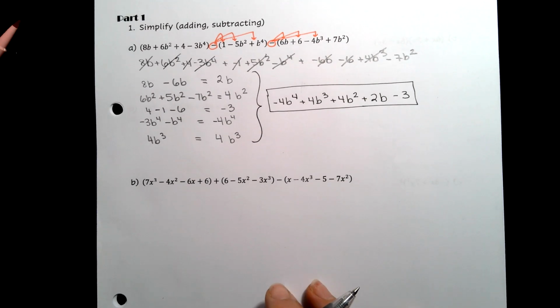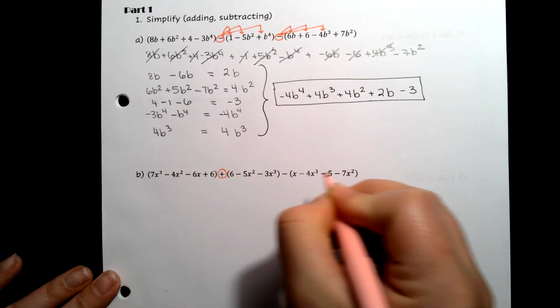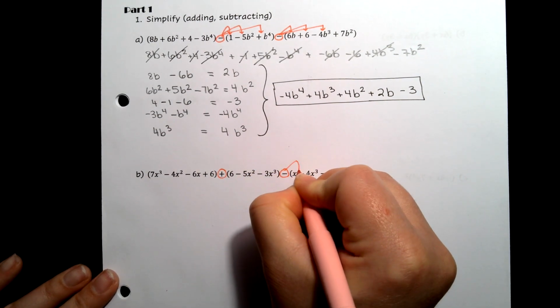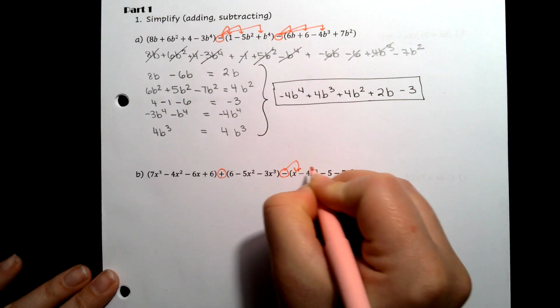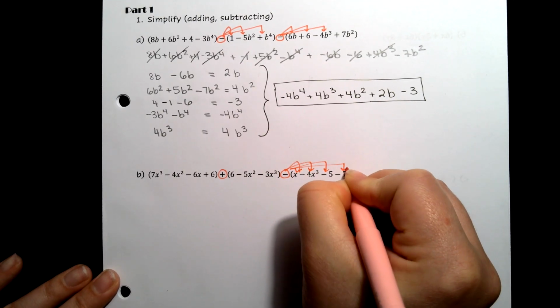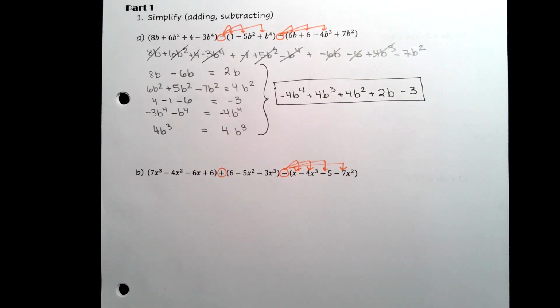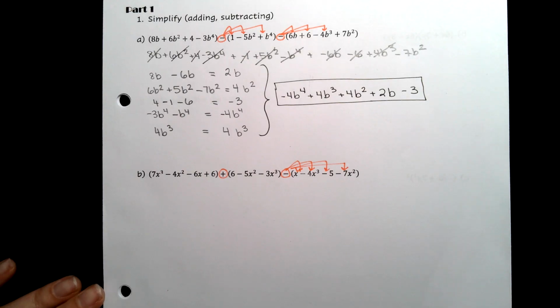Okay, moving on to question B. Again, it is still asking us to add and subtract. Notice I have addition here and subtraction here. So I'm going to distribute on x, on negative 4, on negative 5, and on negative 7. Now this plus that, we're not going to change, because distributing a positive won't change anything.